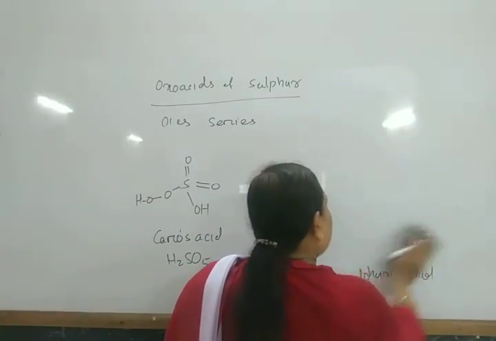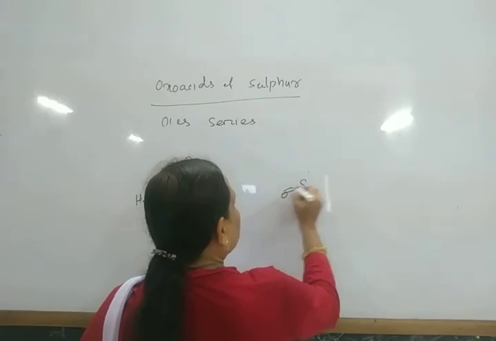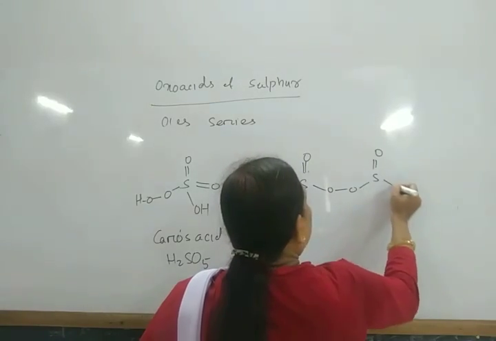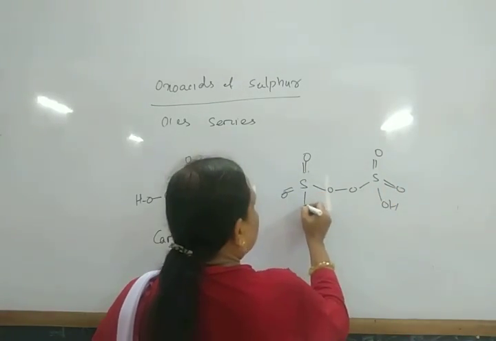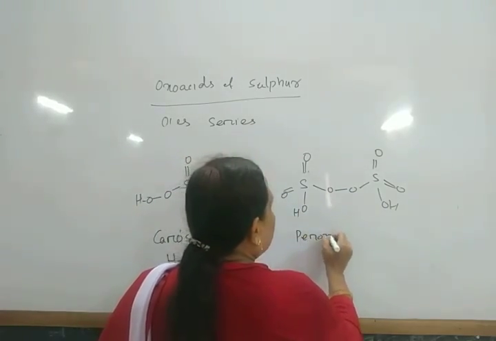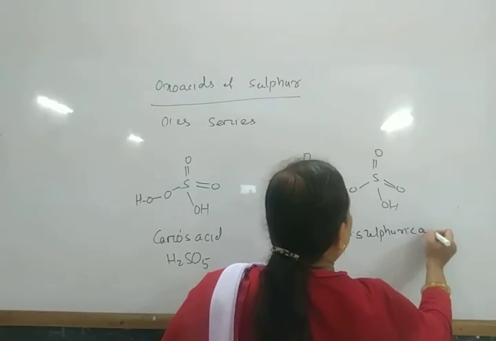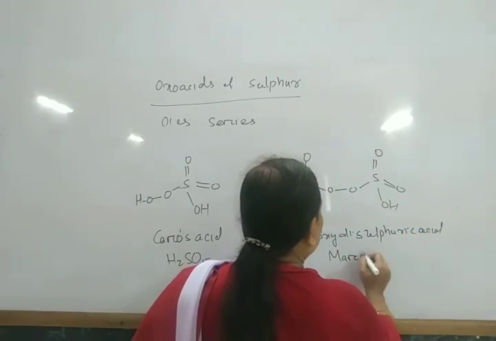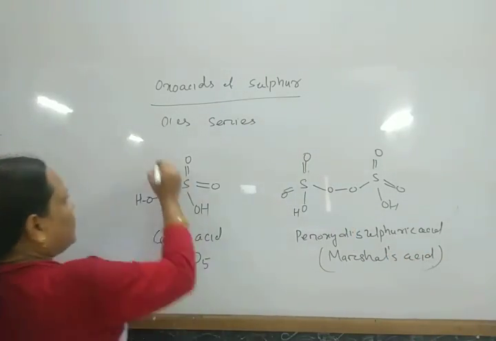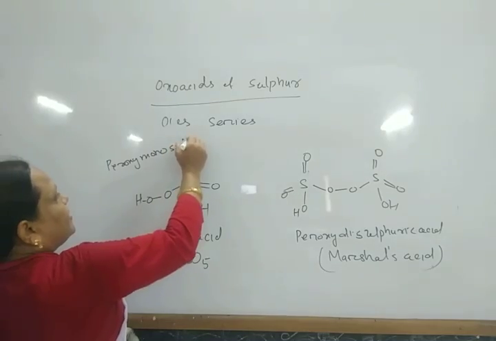Similarly, another is peroxydisulfuric acid, also known as Marshall's acid, with S double bond O, O, OH and OH.